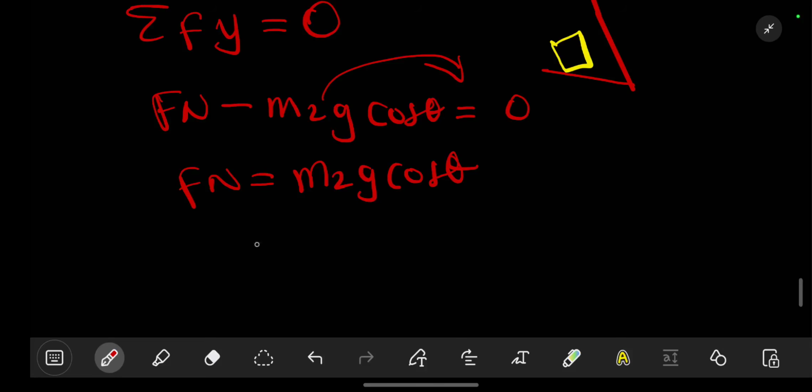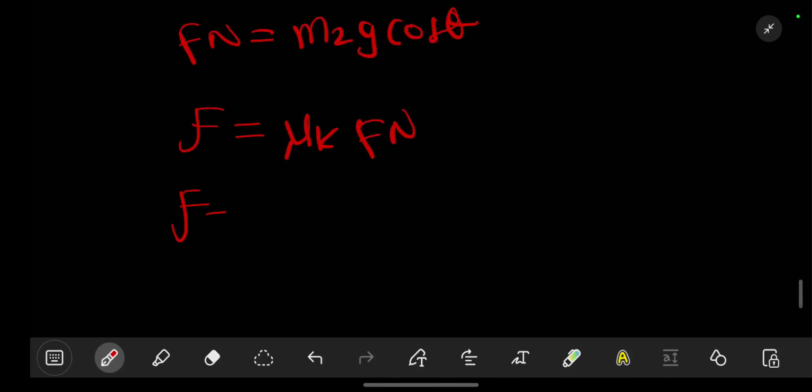Then we also know the frictional force. After you find the normal, the frictional force is equal to the coefficient of kinetic friction times the normal force. So the frictional force should be equal to mu k times the normal force. In this case, it's mu k m2g cos of our theta, like that. So that is how we deal with that.